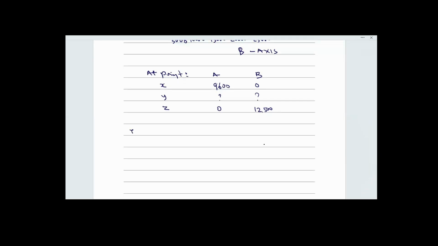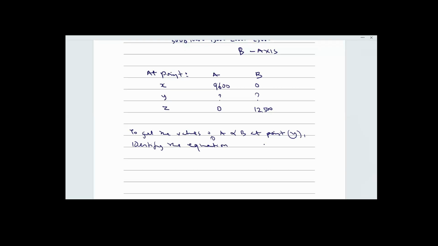Okay, we now need to get the values of A and B at point Y. Identify the equations. Please, on the day of your exam, don't go and be writing all of this.